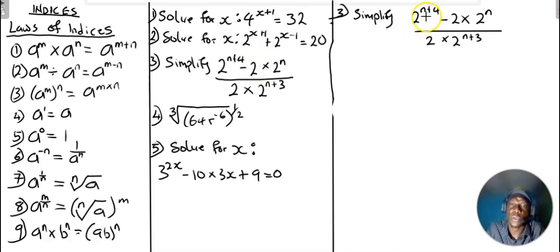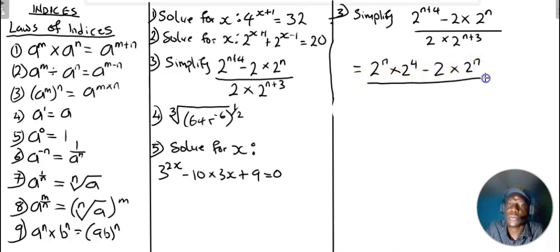Here you split 2 raised to power n plus 4, and this will be equal to 2 raised to power n times 2 raised to power 4, minus 2 raised to power n, all of them over 2 times, you also apply the indices multiplication law here, which is times 2 raised to power n times 2 raised to power 3.